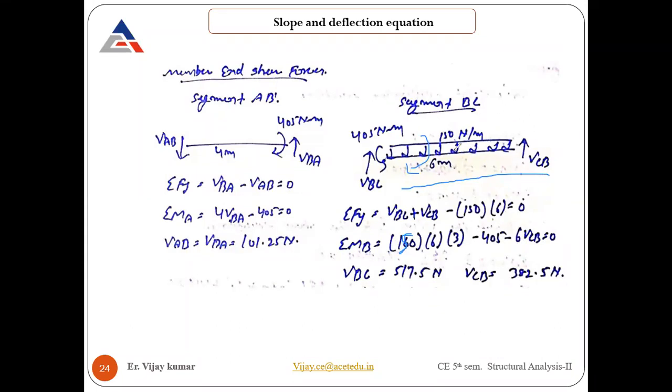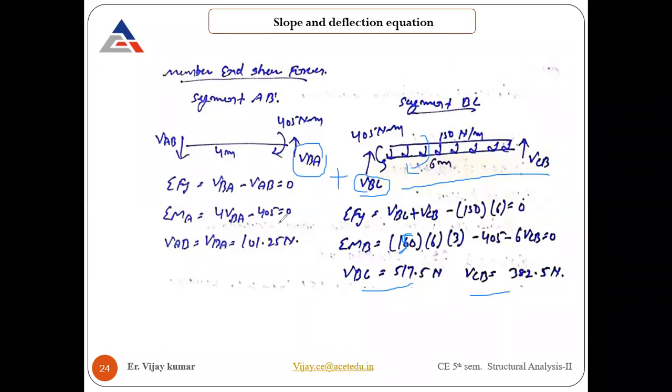This is also rotating in the same direction as this moment is acting, minus 6 VCB. 6 means the perpendicular distance, into VCB equal to 0. VBC and VCB are also calculated. But you can say, sir, on this side I'm getting VBA upward, and there I'm getting VBC also. They are at a single joint, so why are you taking them differently? What we need to do, if they are in the same direction, is add them, guys.